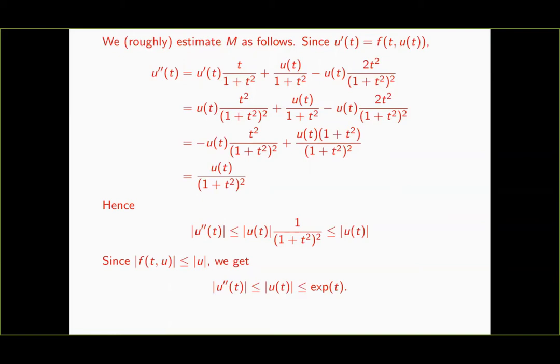And if we take the time derivative on both sides of the differential equation, then we get a formula for the second derivative of u. Concretely, u''(t) = u'(t)·t/(1 + t²) + u(t)/(1 + t²) − u(t)·2t²/(1 + t²)².